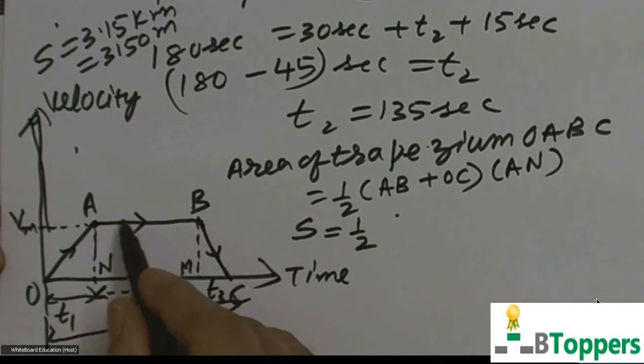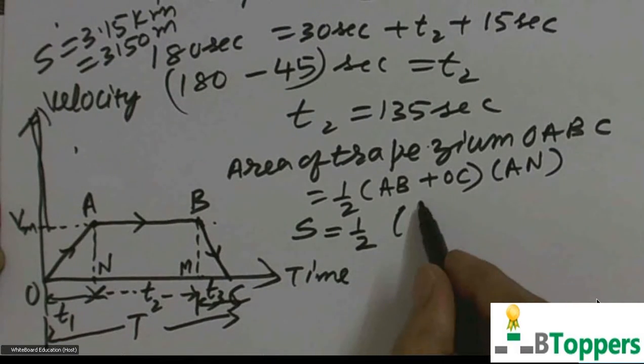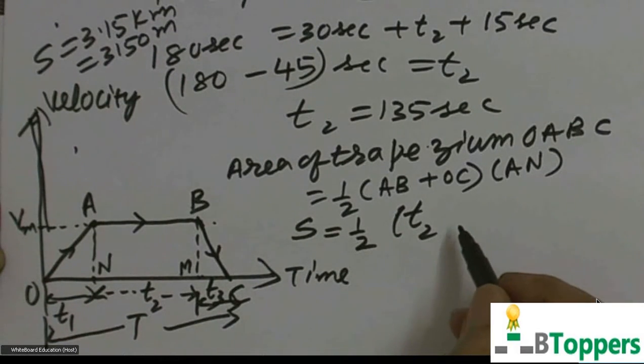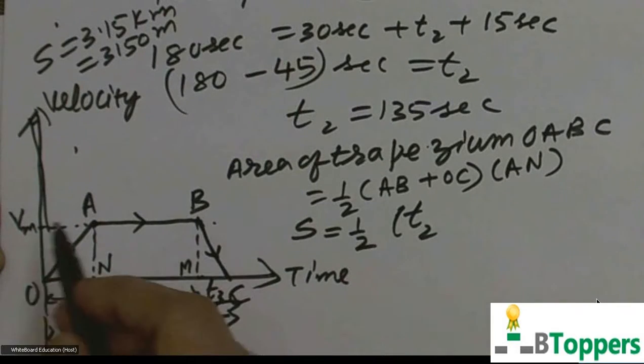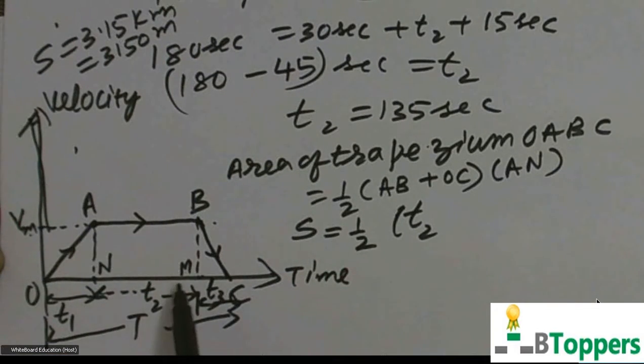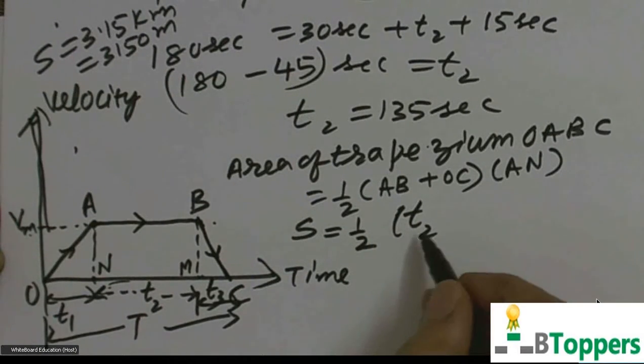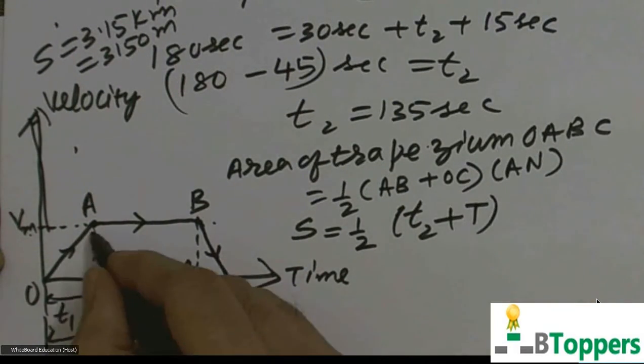The length AB is the same as the length NM, equal to the time T2 for which it moves with uniform speed, denoted by Vm. Let Vm denote the maximum speed during the journey, or Vm is the uniform speed with which it moves for the time interval T2 in the middle part of the journey. The length OC gives you the total time of motion.